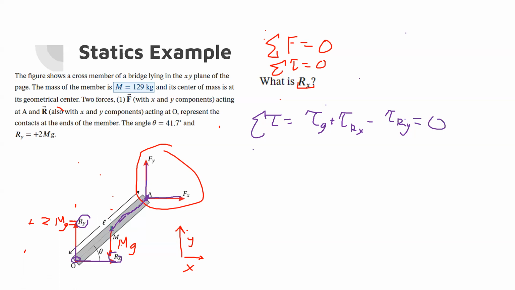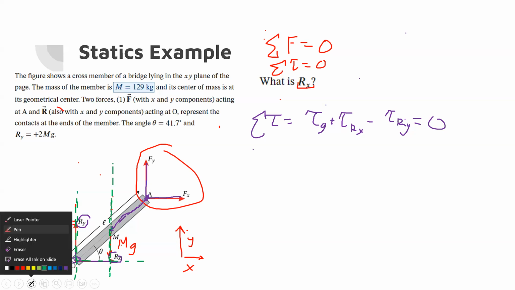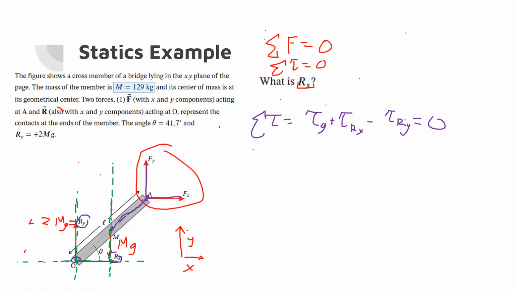So if this is my force mg here, I'm going to extend that line on forever. And I'm going to do the same with this force, Rx, and this force, Ry. Then I'm going to draw a line that goes from my axis of rotation to the line of action of the force.